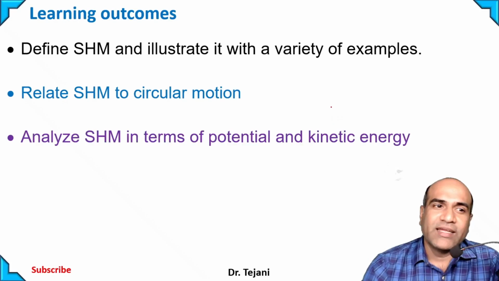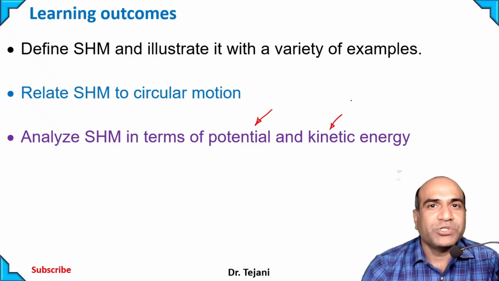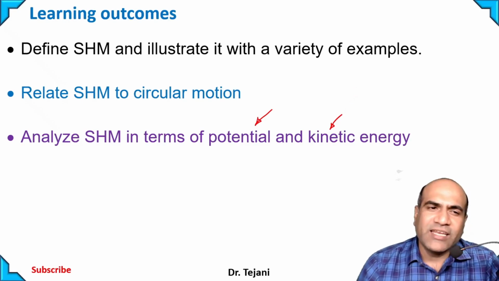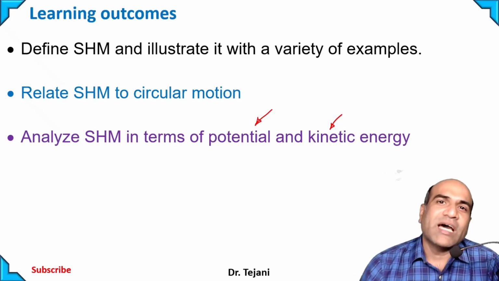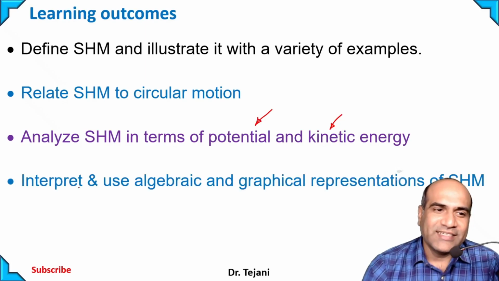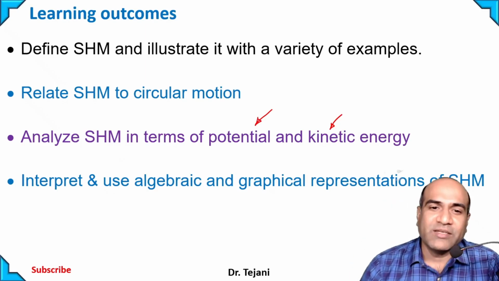Then analyze simple harmonic motion in terms of potential and kinetic energy. Of course, when there is a motion, objects are subjected to energy, and the energy portion we will be considering here in simple harmonic motion. What next? Interpret and use algebraic and graphical representation.